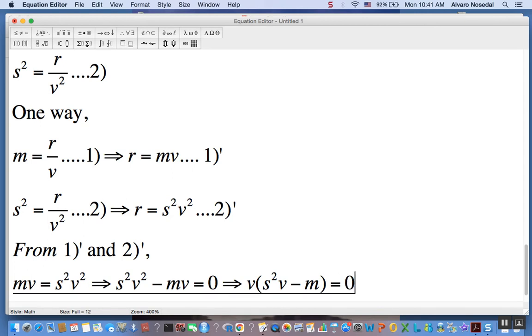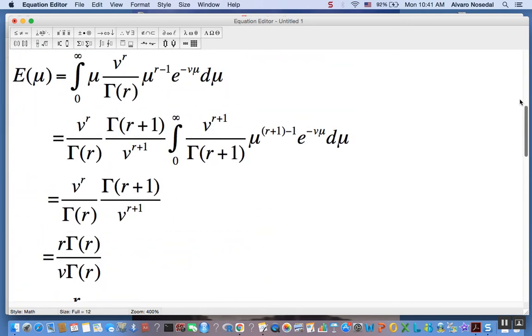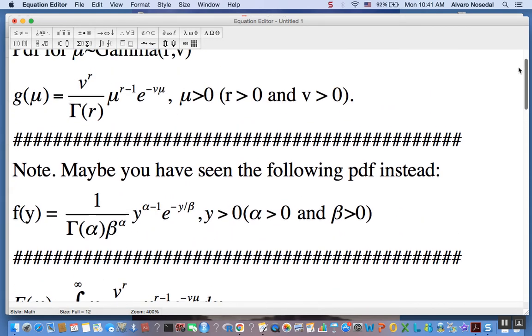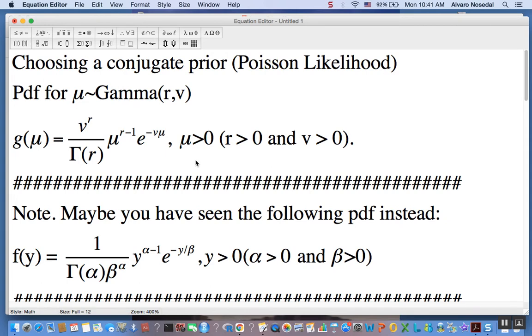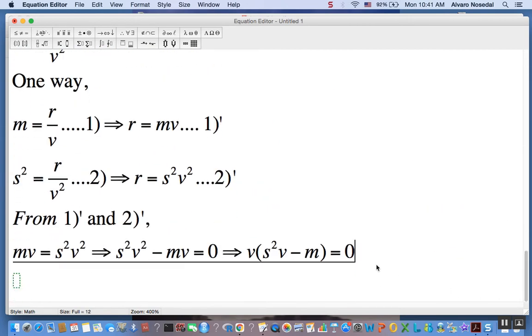So one option would be, how about V equal to 0? And then we go to the restrictions of a gamma PDF, and we go, oh, V and R must be greater than 0. So yeah, V equals 0 is a solution for that equation, but that doesn't work for us, right?